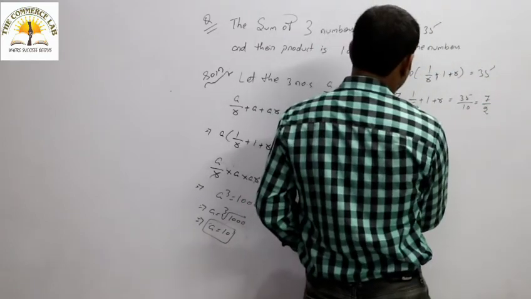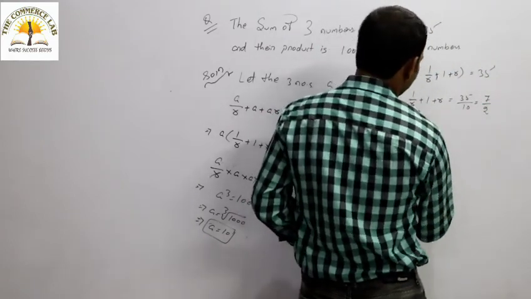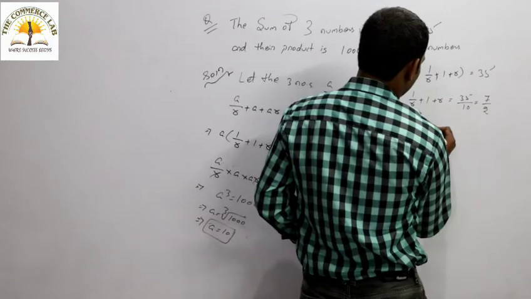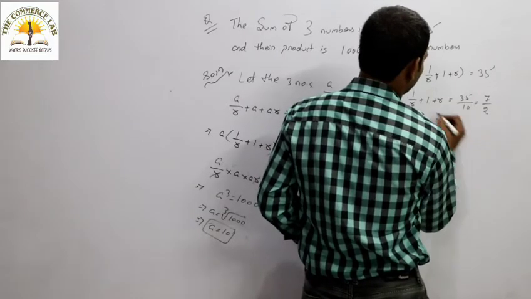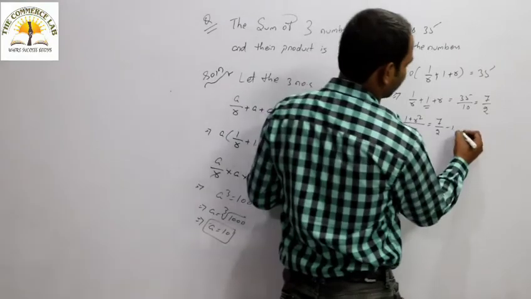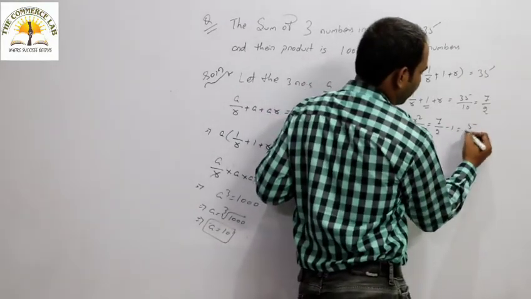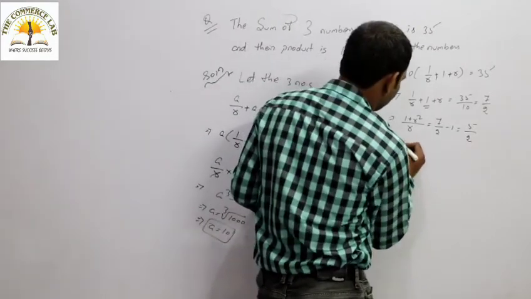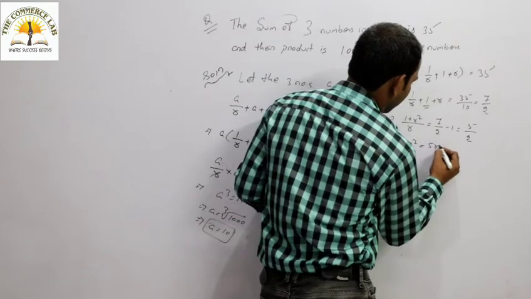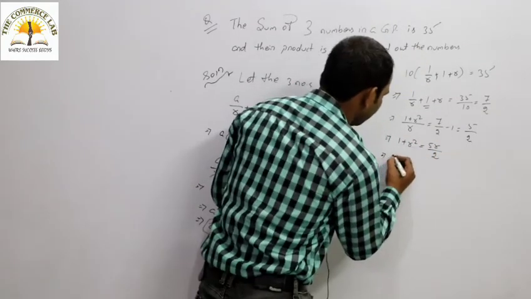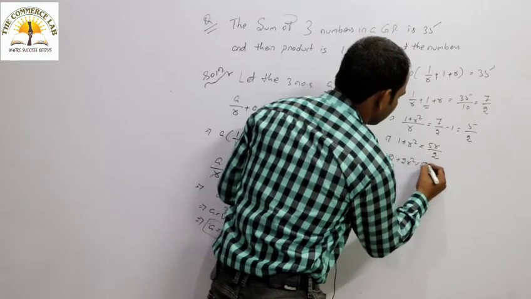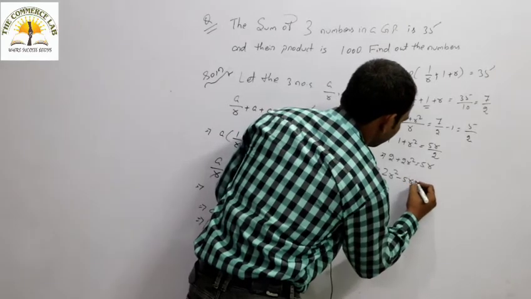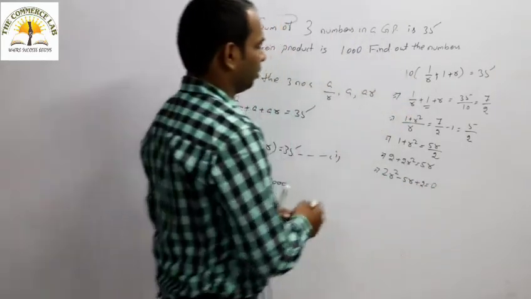By taking LCM, it becomes 1 plus R square is equal to 7 by 2 minus 1, by taking 1 to that side. 7 by 2 minus 1 is 5 by 2. This implies 1 plus R square equals 5R by 2. Then 2 plus 2R square is equal to 5R. This implies 2R square minus 5R plus 2 is equal to 0.